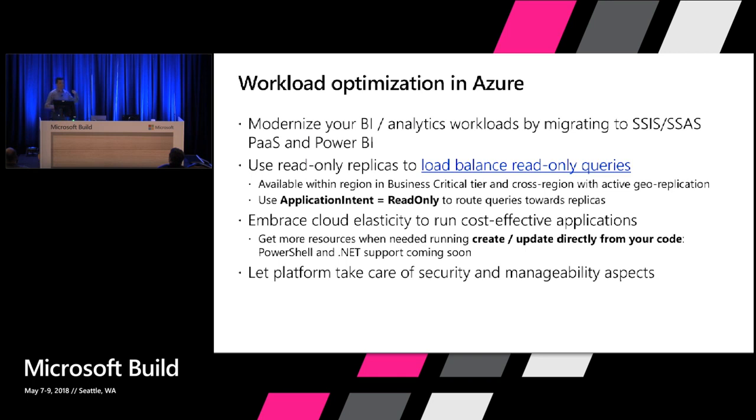So if you just specify read-only application intent in the connection string, the query will be rerouted to this secondary replica, and that gives you doubled bandwidth and number of transactions that you can run for read-only workloads, free of charge. And also you can use the same capability if you have GeoDR.